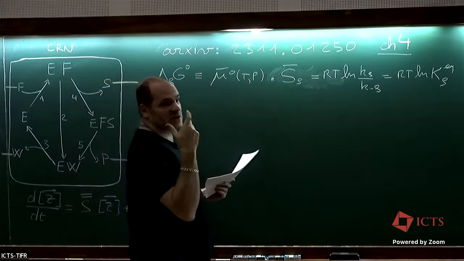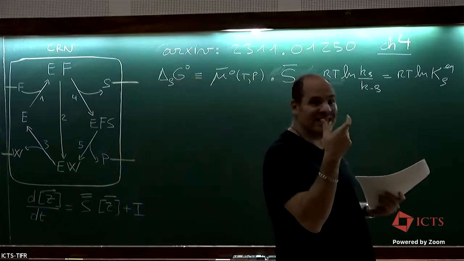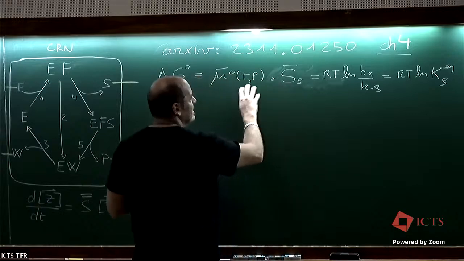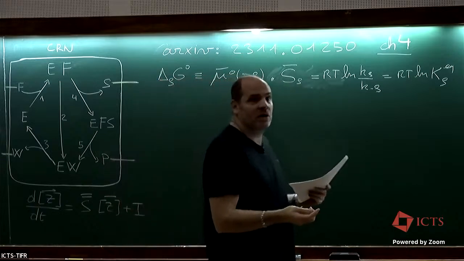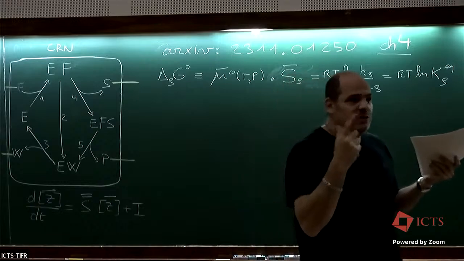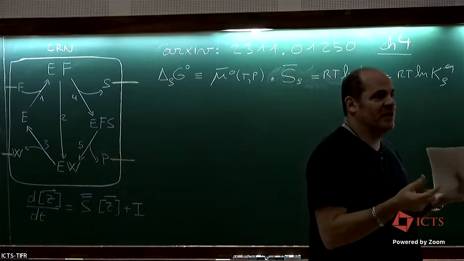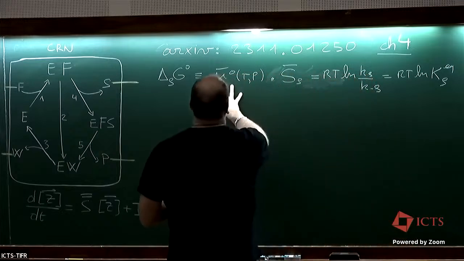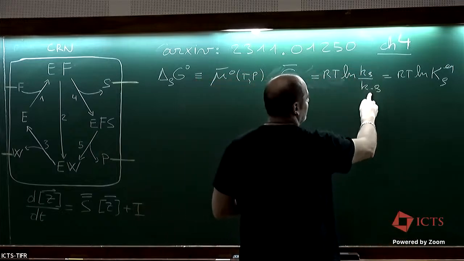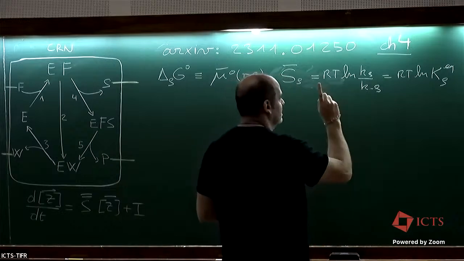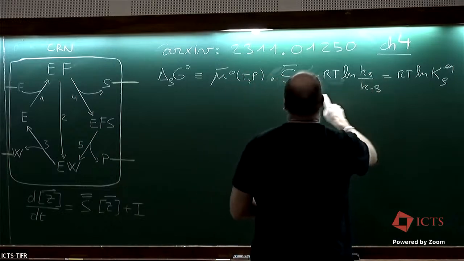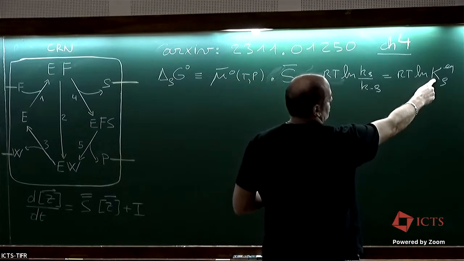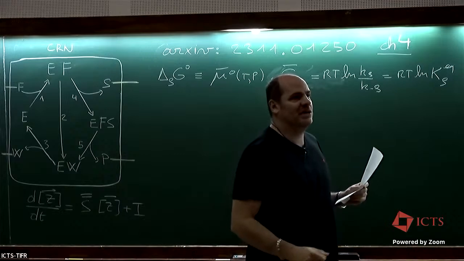Remember, mu zeros, think of them as the energy encoded inside the molecules. So this is really the energy released by a reaction rho. And it's that free energy, which contains both energy and entropy, that is stored inside the molecules. And that quantity connects to the ratio of the kinetic constants. It's highly non-trivial. We have a connection between thermodynamics and kinetics, and also the equilibrium of that reaction.